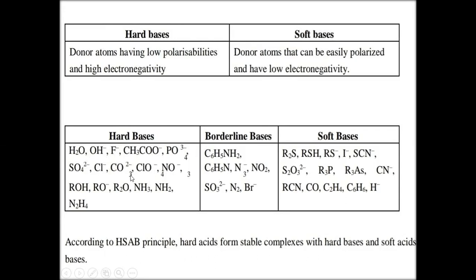Here carbonate is CO3 2 minus; the 3 has moved in the typing. Similarly, perchlorate is ClO4 minus, and nitrate is NO3 minus. And alcohol groups, alkoxide, ether, ammonia, amines, hydrazine. All these come under the hard bases: highly electronegative, low polarizing, small size, and negative or zero oxidation state.